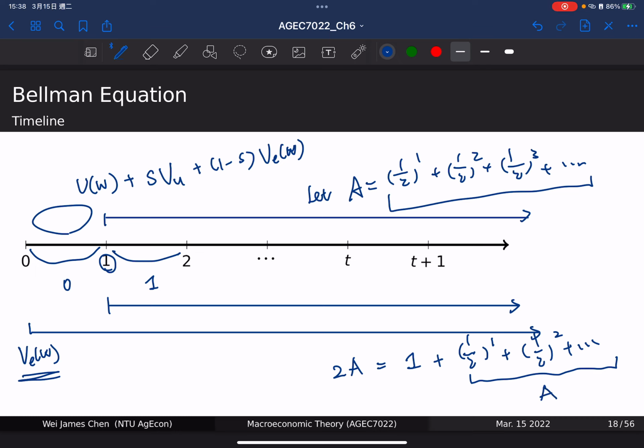So this part is A. Right? And then you'll find, oh, great. You have this. And you cross out the A, and you'll find that A is actually 1. Right? Here, it also feels like there's a 1 period difference. But why can I do this? It's the same trick.